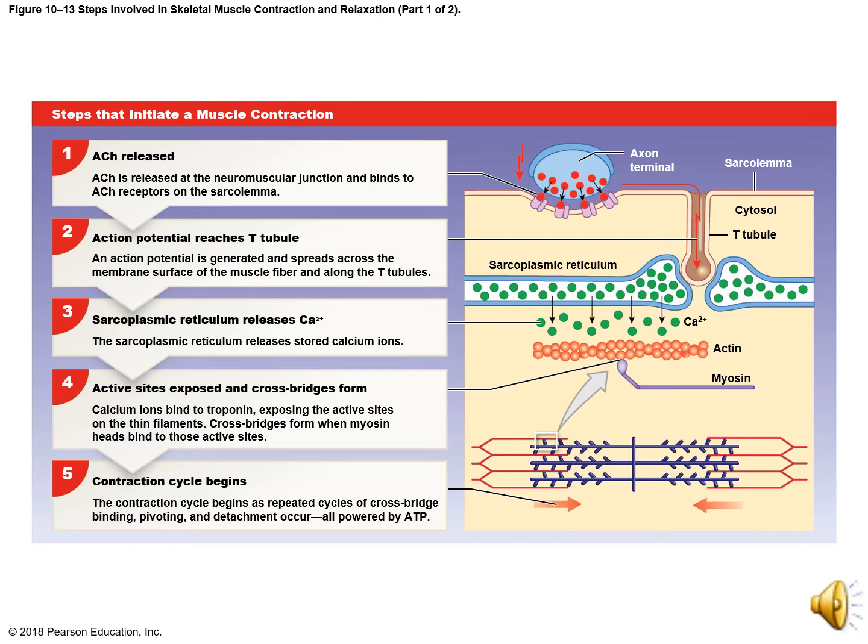The action potential triggers the release of the calcium. That will bind with the troponin, which moves the tropomyosin off the actin, and now the myosin can reach up and grab it, and it will slide the actin filaments inward, resulting in a contraction.